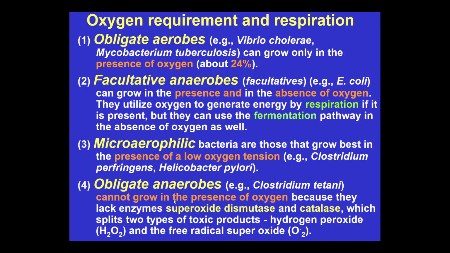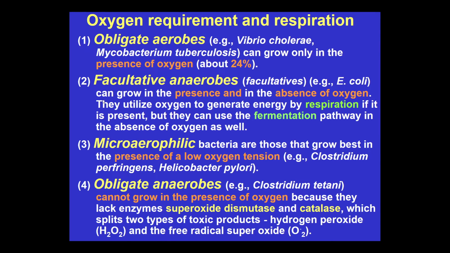Another one is obligate anaerobic bacteria like Clostridium tetani. They cannot grow in the presence of oxygen, because as soon as it starts, free radicals will accumulate in the bacterial body, and so the bacteria will be destroyed by these free radicals.